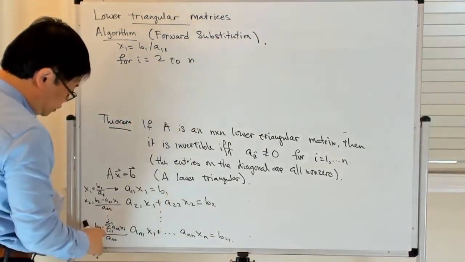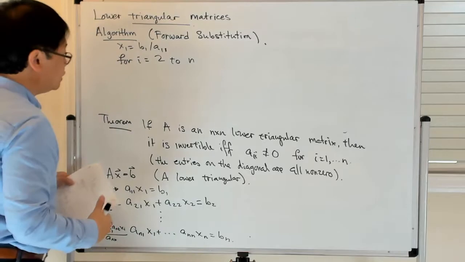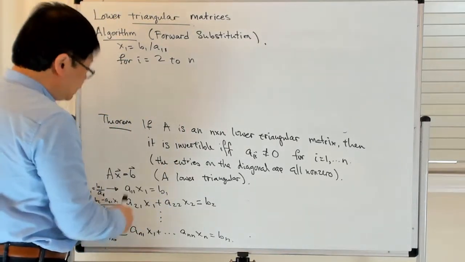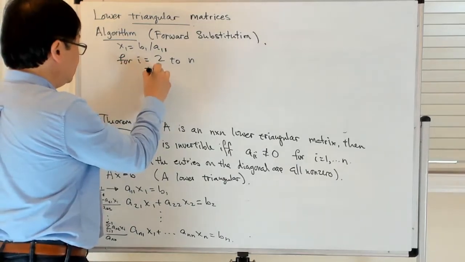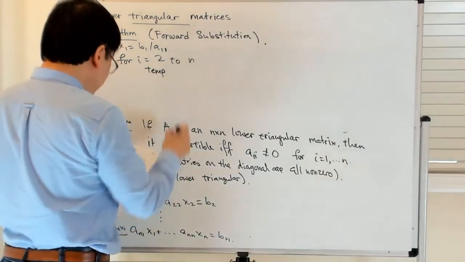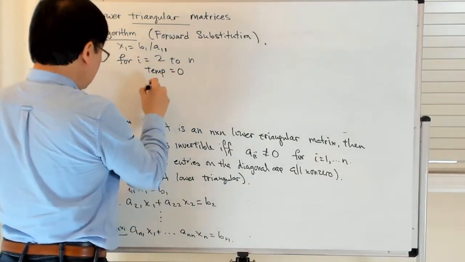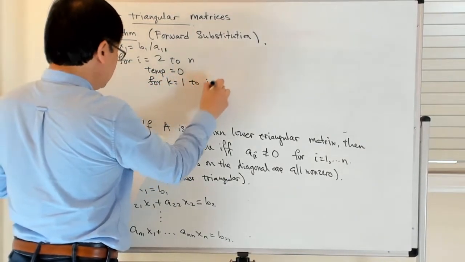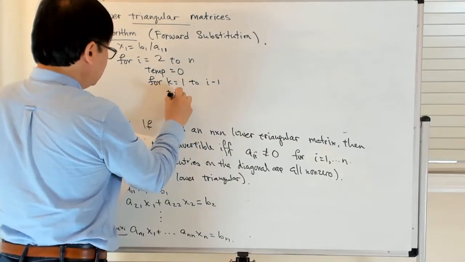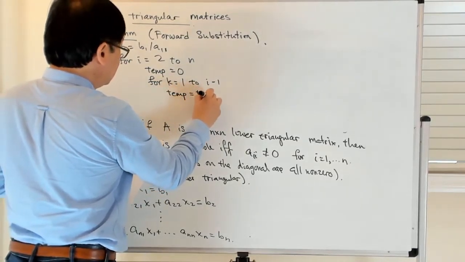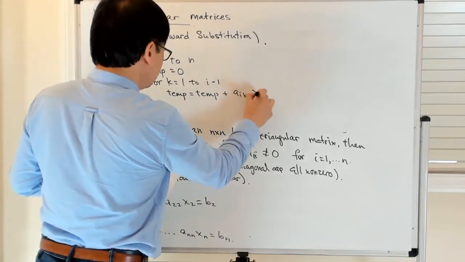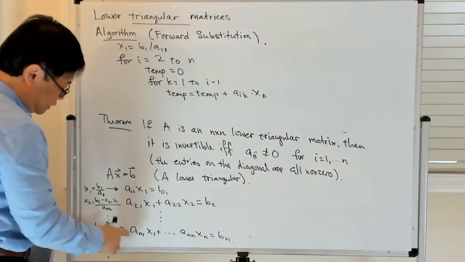I need to compute this sum, so I'm going to store the entries in the sum in this temp variable. So temp is equal to 0, and then for k equals 1 to i minus 1, temp is equal to temp plus a_ik times xk. So those are the entries in this sum here.